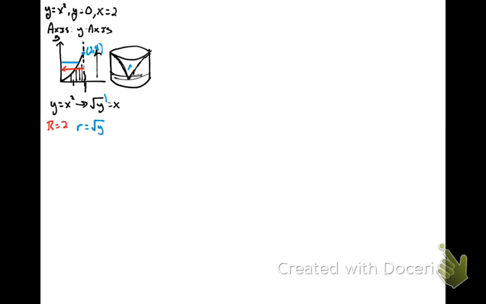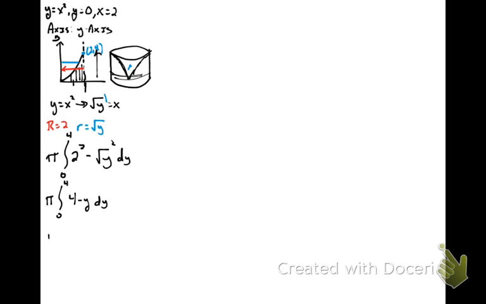That means our stack of circles is 4 units high, so when we integrate, it's just pi, from 0 to 4, because we're doing everything in terms of y, of 2 squared minus the square root of y squared dy. Cleaning this up, our integral is simply pi times the integral from 0 to 4 of 4 minus y dy.